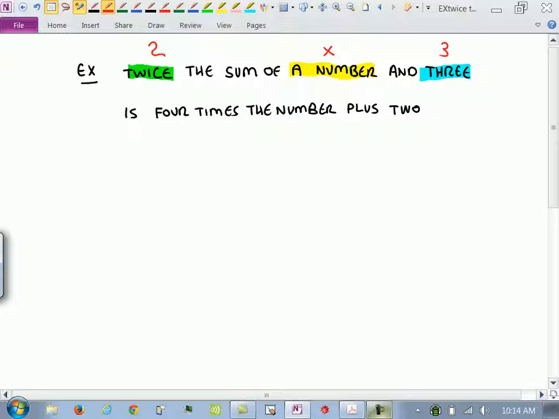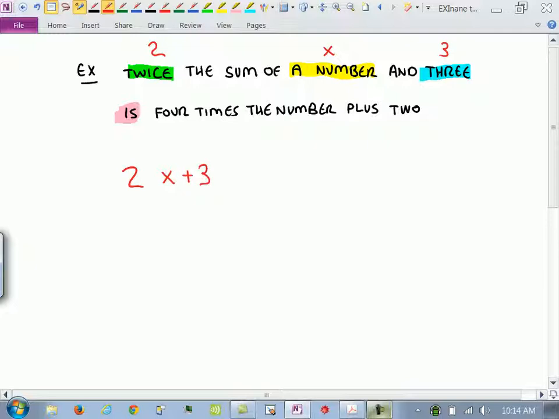What's the sum? What are the things that I'm adding together? X and 3, right? And then I'm doing twice that. And then I'll get to the is, my equals, right? So I kind of stopped here because I'll get to the other side of the equation in a second. So I'm going to write 2x plus 3.